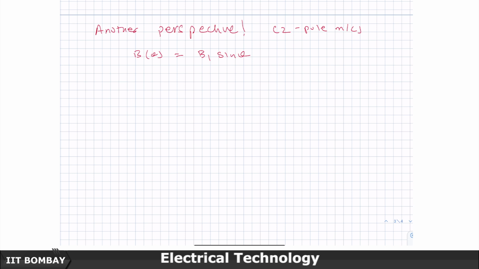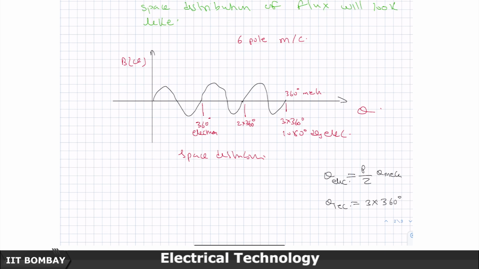Suppose it is a sinusoid, if I put t equal to 0 where the B starts increasing from 0 onwards, that is a sine wave. If I put t equal to 0 at the peak, then t equal to 0 or theta equal to 0, depending upon whether the x axis is theta or time, it becomes a cosine waveform.